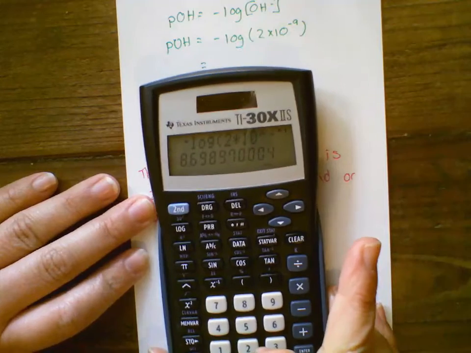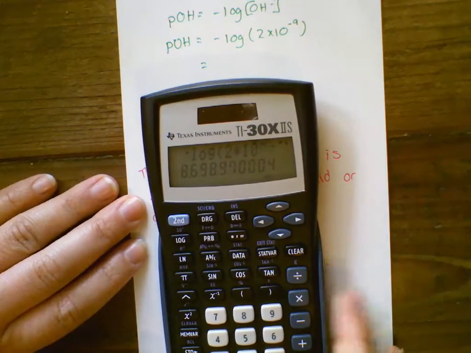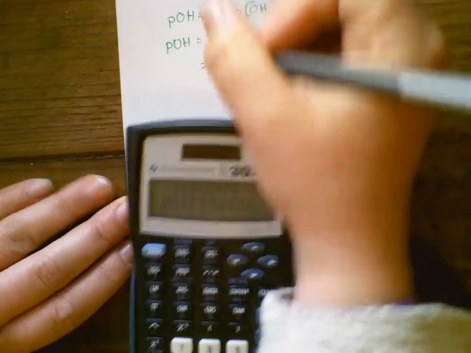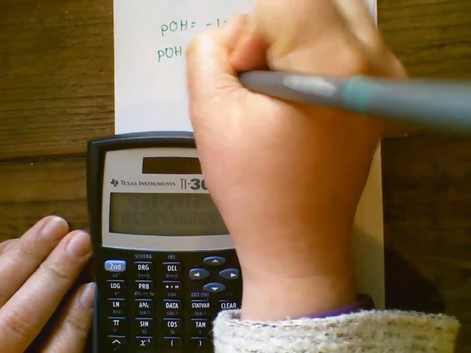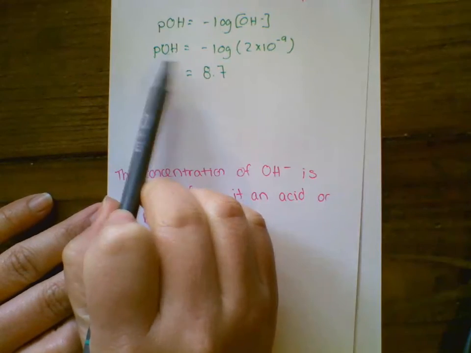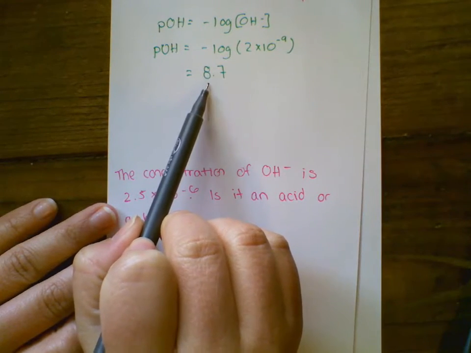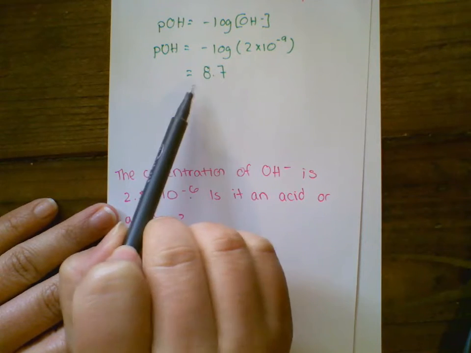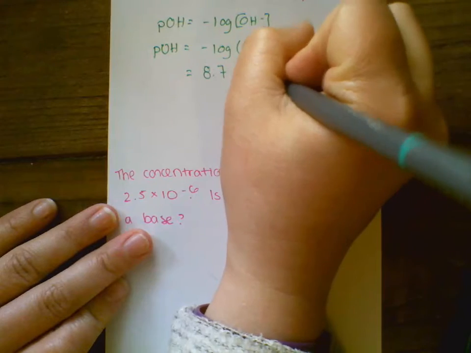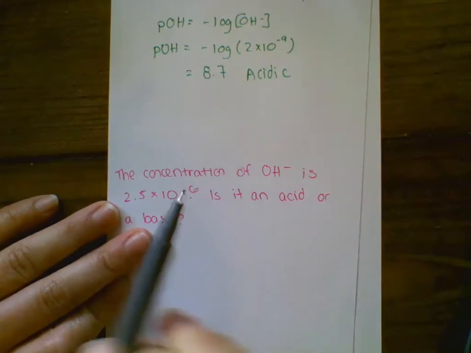So I get a pOH of 8.698, or 8.7, as my pOH. So if I'm thinking about my pOH scale, a number that's greater than 7, between 7 and 14 on my pOH scale, is going to be acidic.